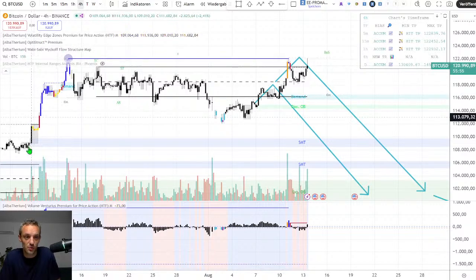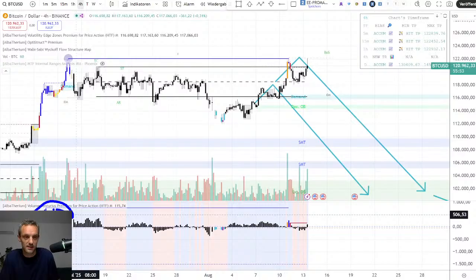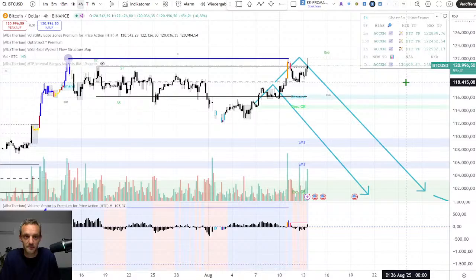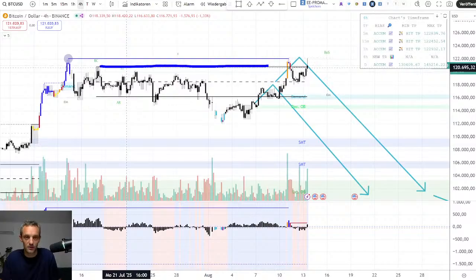Volatility Zone Edge with the colorful candles, same as Volume Ventures at the lower end, same colors, only on the candles. And then we have OptiStruct Premium, and we have the new indicator Wabi-Sabi Wyckoff Flow Structure Map, which you can see here at the top, and which you can also see with these horizontal zones.